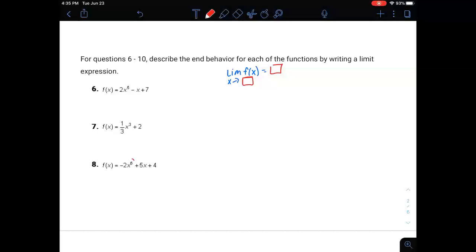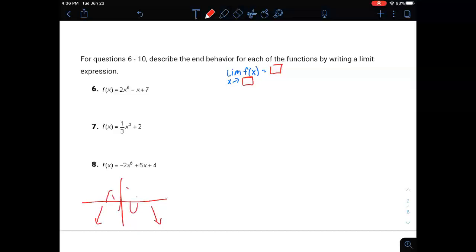I notice that I have an even polynomial and a negative coefficient. So regardless of what happens in the middle, I have a negative coefficient, which means this is going to be going down. And since it is even, it's going to be the same on both sides.